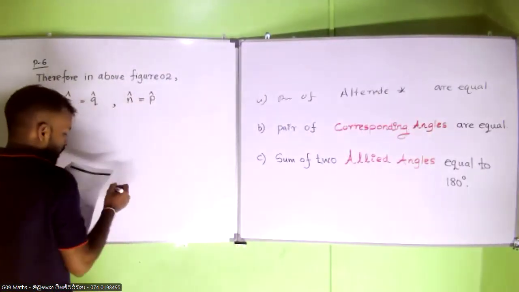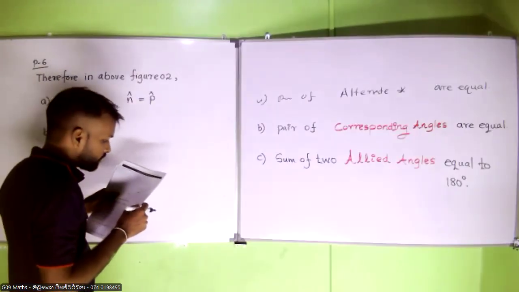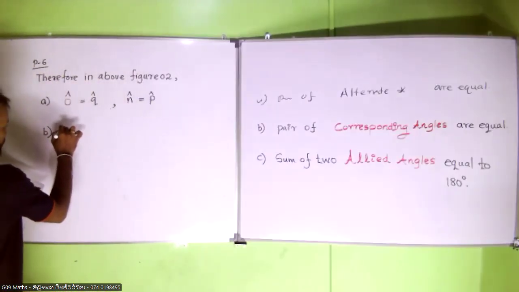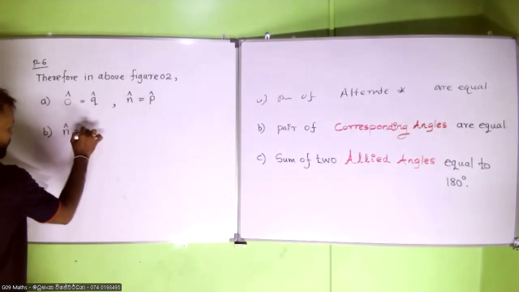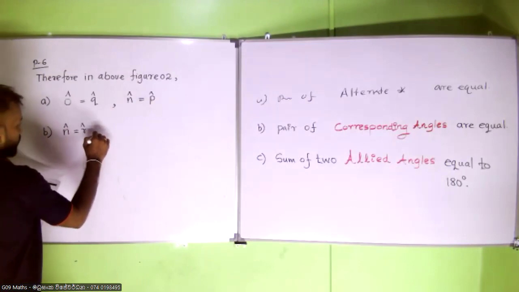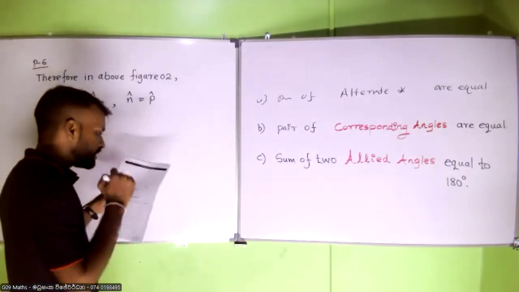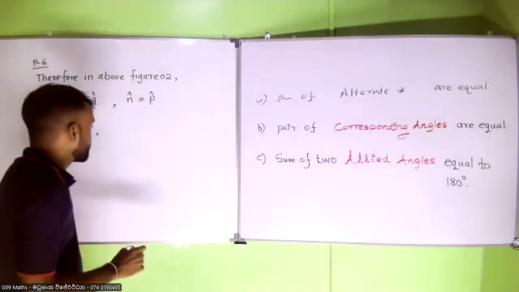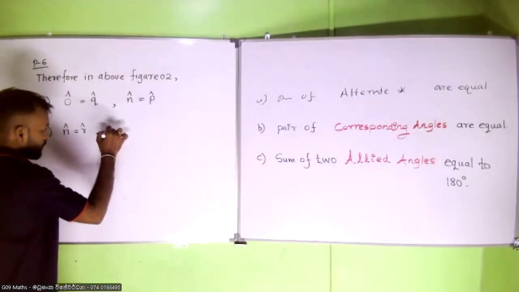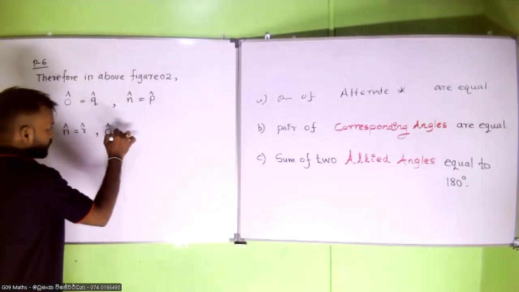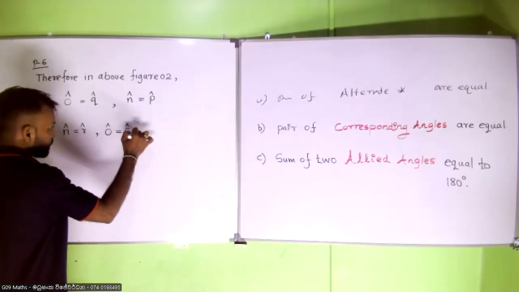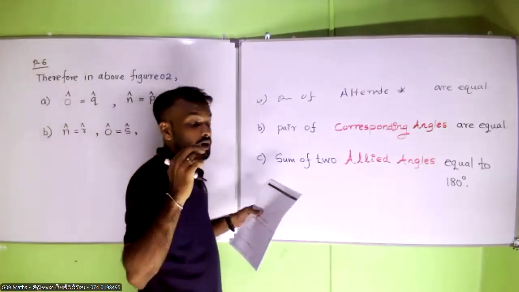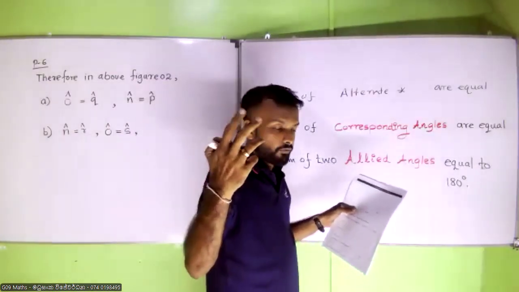So first of all, I will choose N and R. Angle N equals angle R, comma. Then on the other side, angle O equals angle S. You need to identify the pattern. Then there are another 2 pairs of angles.